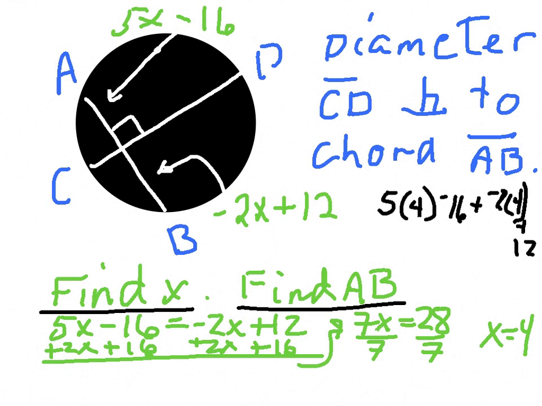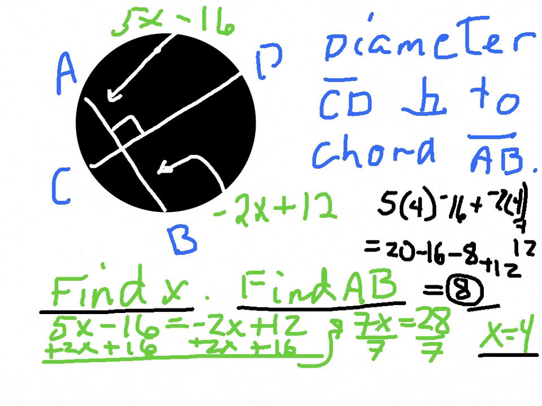And adding those together, I get 20 minus 16 minus 8 plus 12, and that gives me 32 minus 24, or 8. And therefore AB is equal to 8. So this problem shows us that there are two parts to the problem. You have to solve for x, and then sometimes you have to solve for the length of a segment.